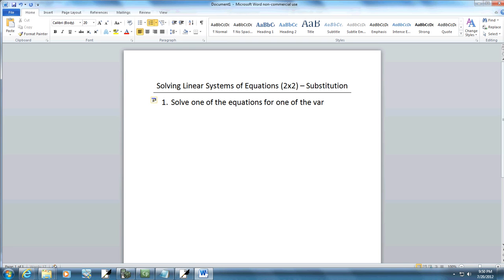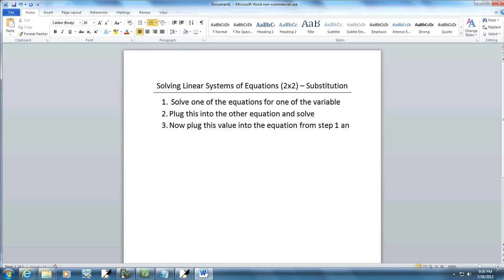Doesn't matter which one. Doesn't matter which equation. Doesn't matter which variable. Step 2: Plug this into the other equation and solve. And step 3: Now plug this value into the equation from step 1 and solve.